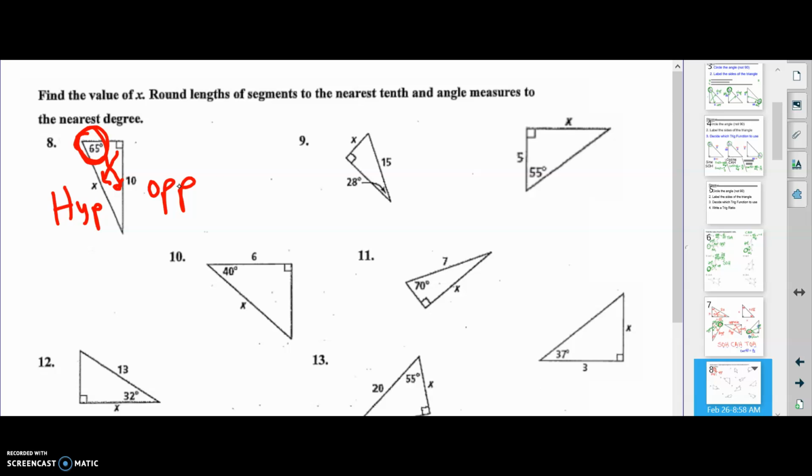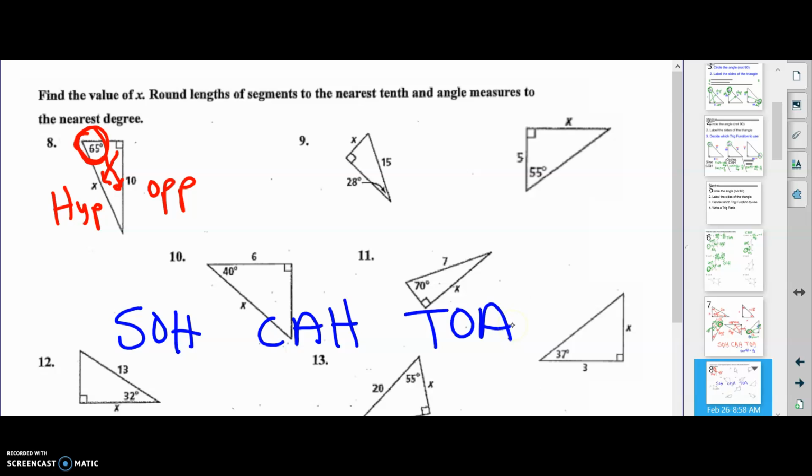Now we're on to the step where we decide which one to use. Again, I would probably write my little mnemonic or have it sitting out next to me, SOHCAHTOA. I have an H for hypotenuse and an O for opposite.